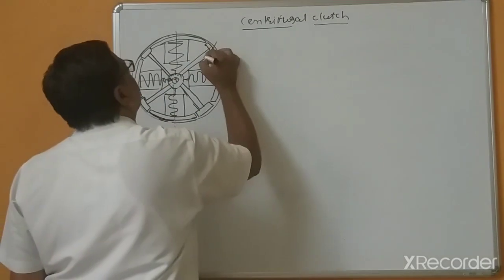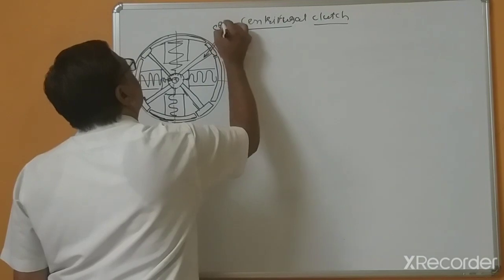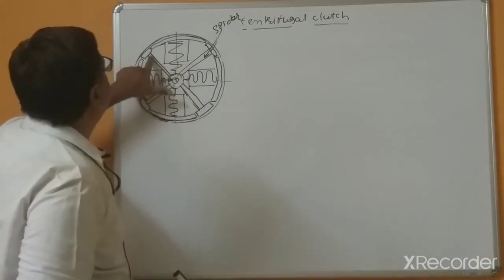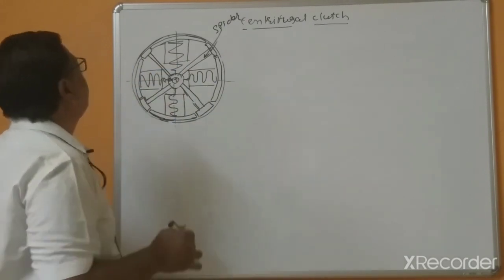This is the spider. The spider has four arms: 1, 2, 3, 4 arms.